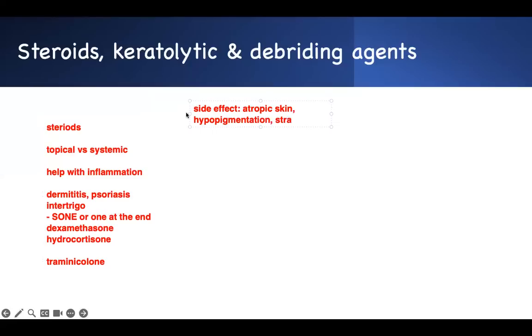They will have striae on the skin, and the skin will look dry. These are the 4 things I don't want you to forget: atrophic skin, hypopigmented skin, striae, and dry skin are common when you use topical steroids. That's why you don't use them for a long time. They can have systemic manifestations, which means they get absorbed into your system, so you've got to be careful.